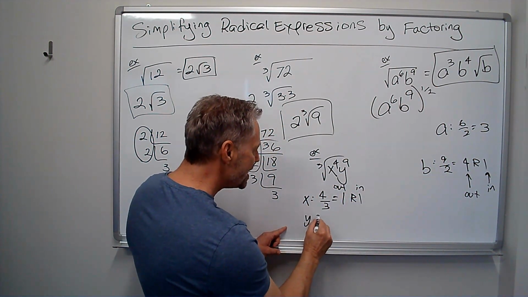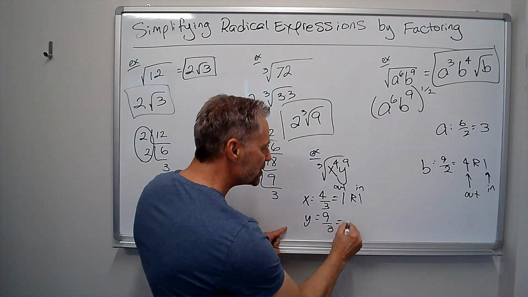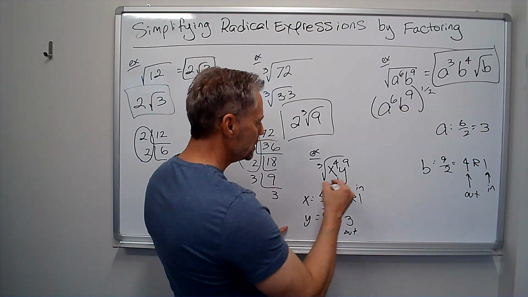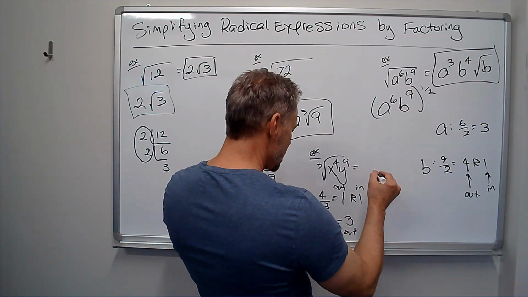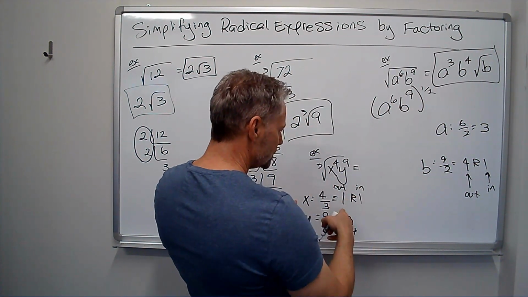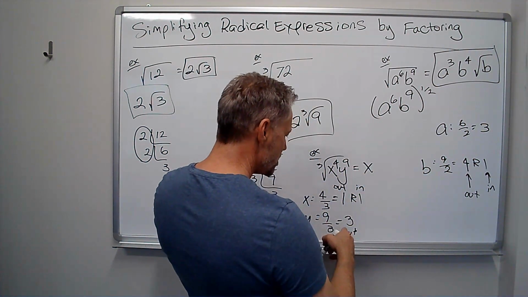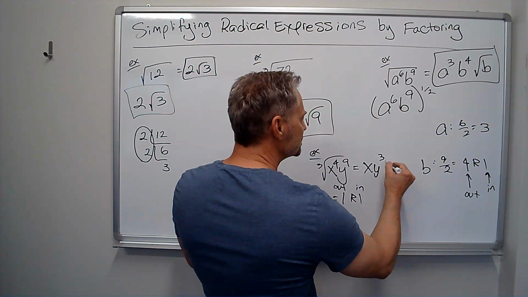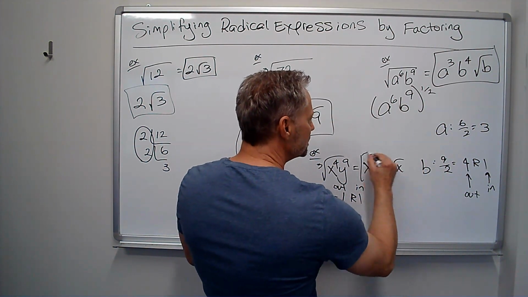With my y, I have 9 divided by 3, which is just 3. Well, all 3 come out. Nothing left to stay in. So I've got 1 x came out, 3 y's came out, but 1 x had to stay in. So it's still the third root of x, and there's my answer.